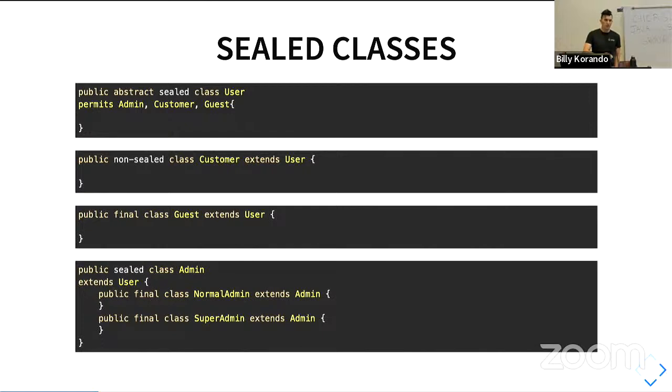at every organization, or I guess some of you are students right now, so when you join organizations, they all have certain domain concepts. Here, again, I'm using user, it could be transaction type, it could be order type, and there'll be something like, okay, at our organization, we only have these 3 or 4 order types. But before sealed hierarchies, there was never really a way to write that into code.